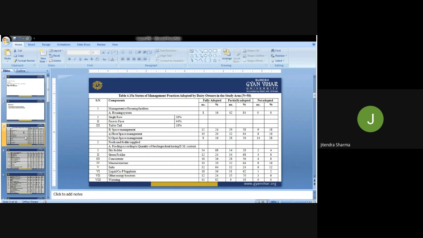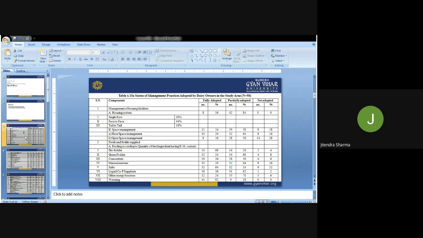We see that farmers are not even bothering about it, but regarding dry fodder, approximately 68% of farmers, when we calculated the dry fodder and dry matter intake of the animals, are giving dry matter in the form of dry fodder, and almost 100%.